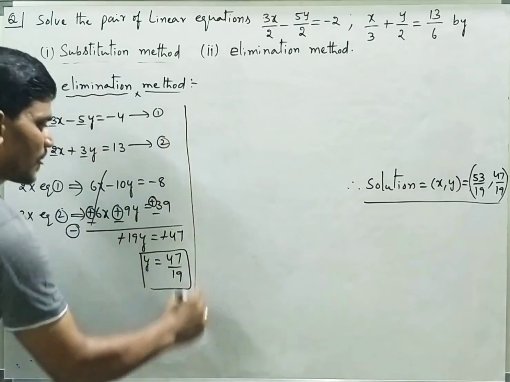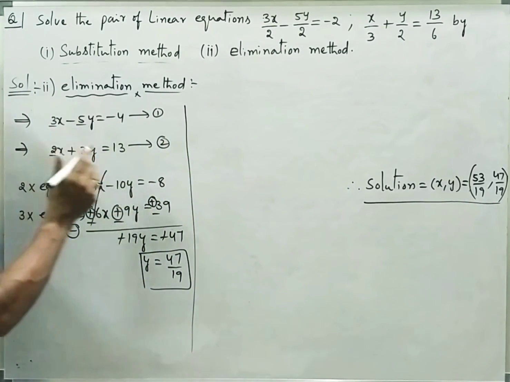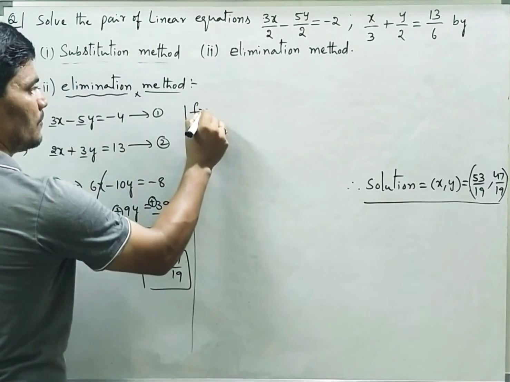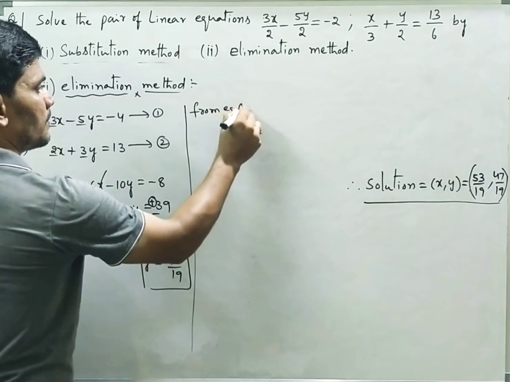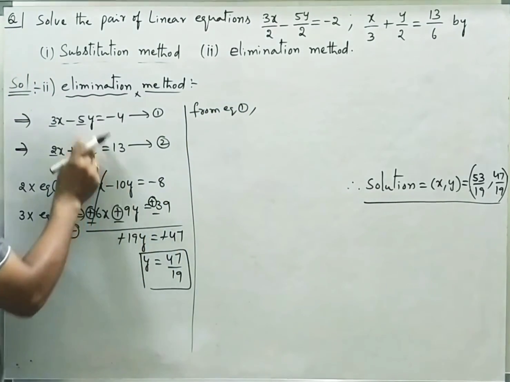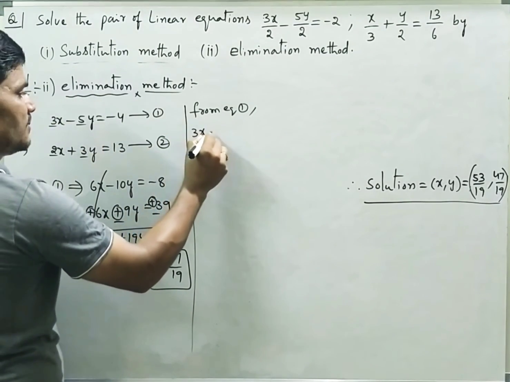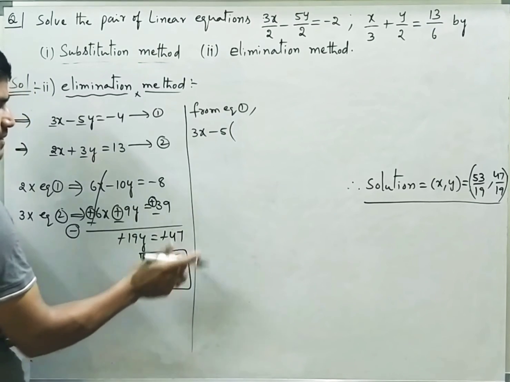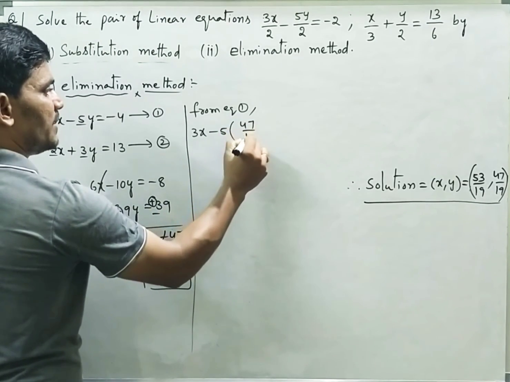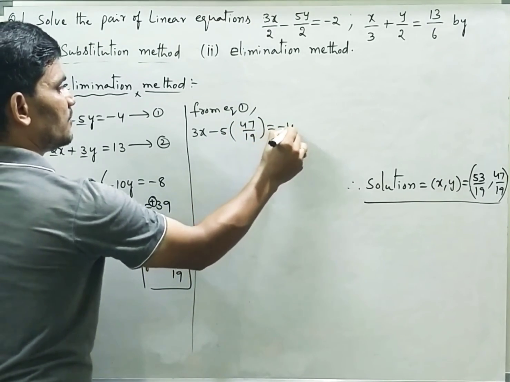Now, from equation 1, substitute the y value as 47 by 19. 3 times x minus 5 times y, meaning 47 by 19, is equal to minus 4.